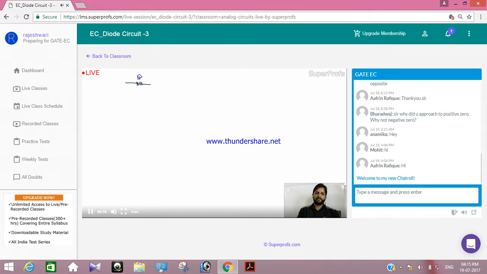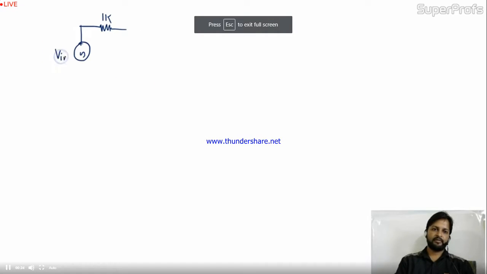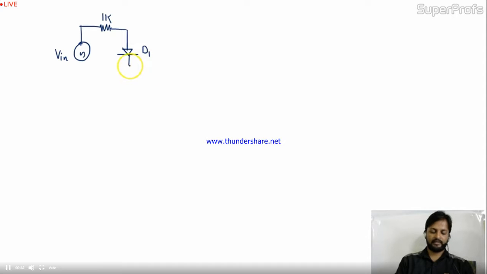One question is given. This is a 1K resistor connected in series with input Vin. Here I have a circuit which contains diode D1, and at the negative terminal of the diode I have 4 volt. This circuit is closed.